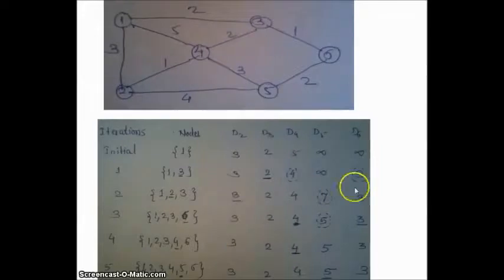Why? Because if you go from 1, 3, 4, 5 to 6, the count increases, that's why it remains as it is. Similarly, if you go through this example up to the last step, you will get the distances from node 1 to all other nodes, and this last entry will be treated as the final entry.